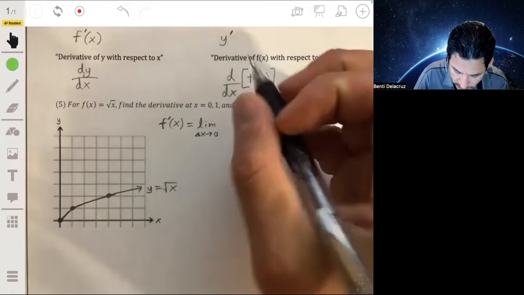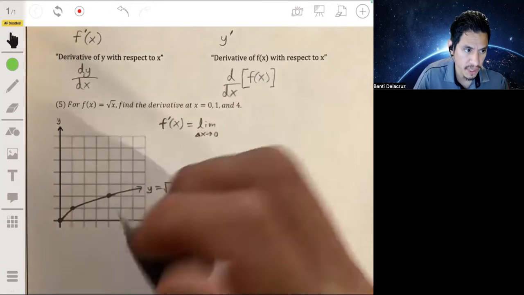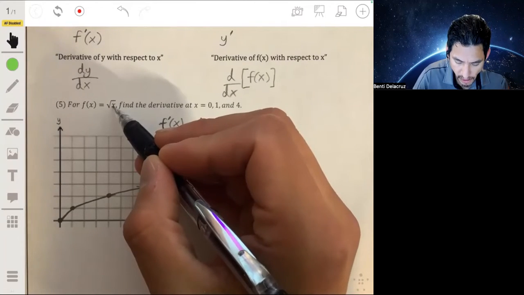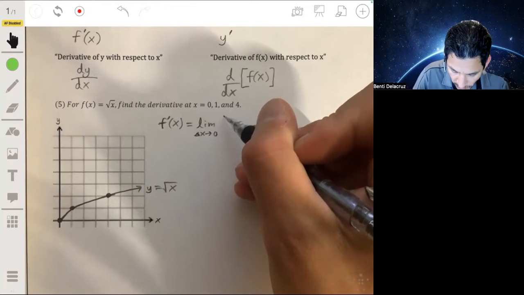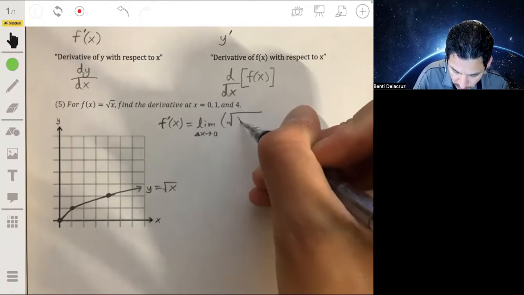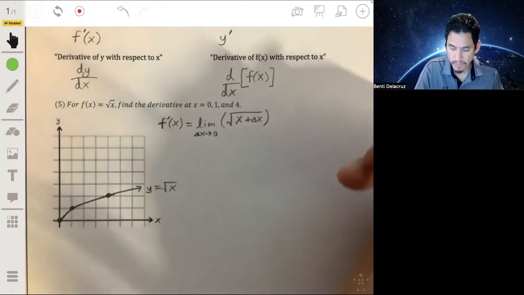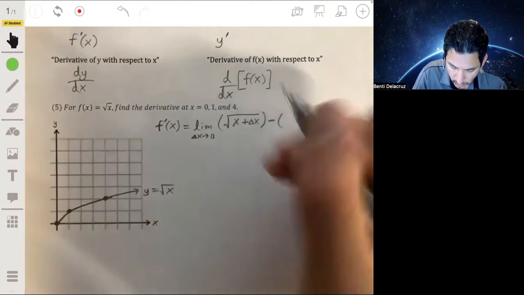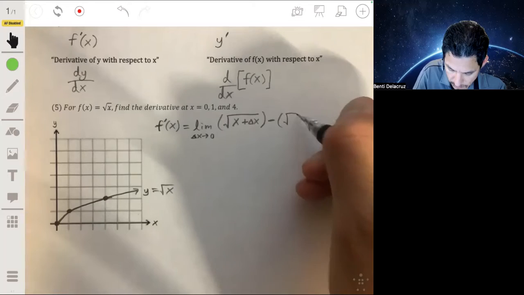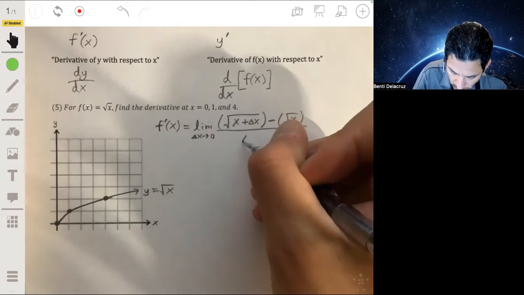Let's jump one step ahead because we should be familiar with that. Since f of x is the square root of x, in this first part we're going to have the square root of x plus delta x, minus f of x, which is just the square root of x, all over delta x.